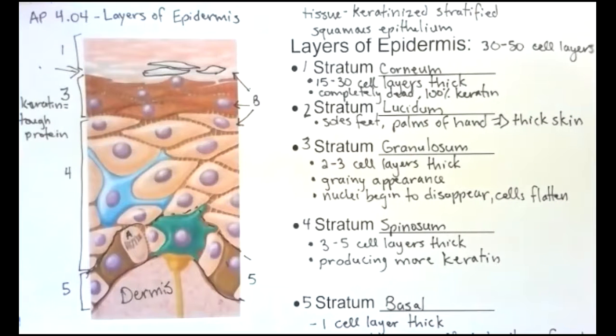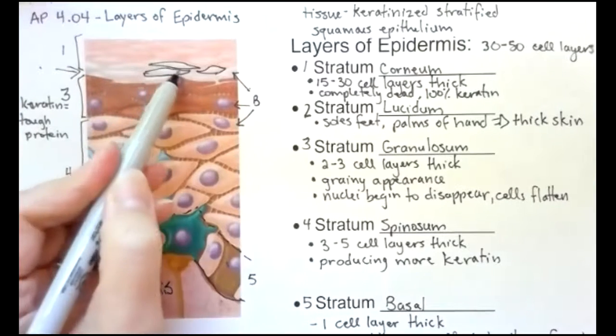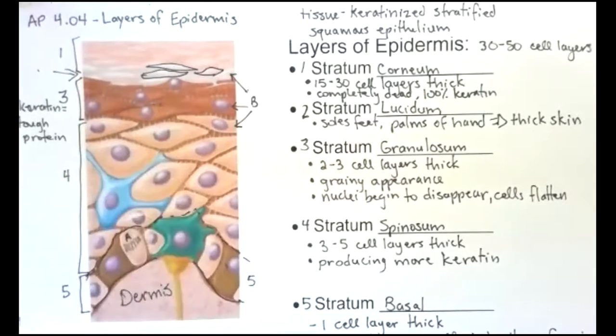Again, keratinized is because it's made of keratin. Stratified is it exists in layers. Squamous refers to this flat shape. And epithelium is any tissue that covers something.